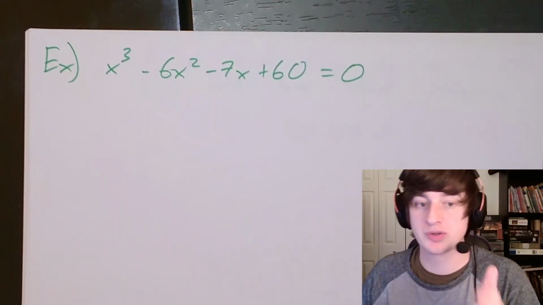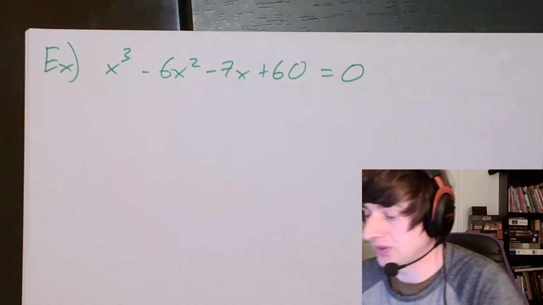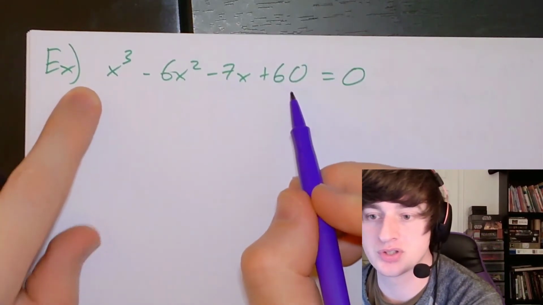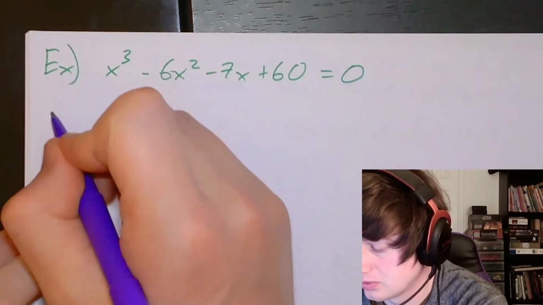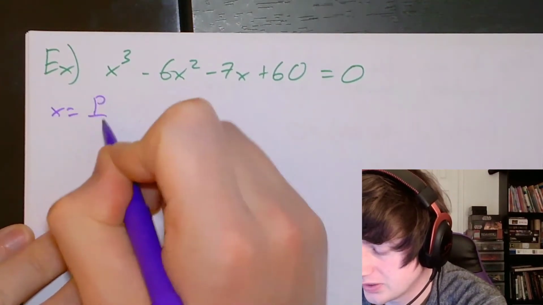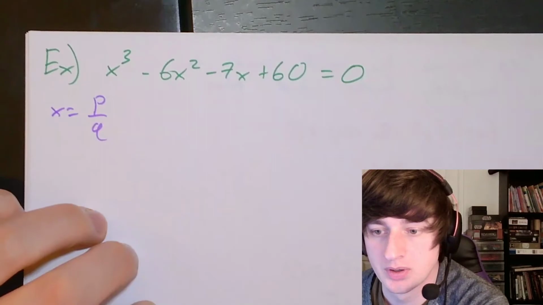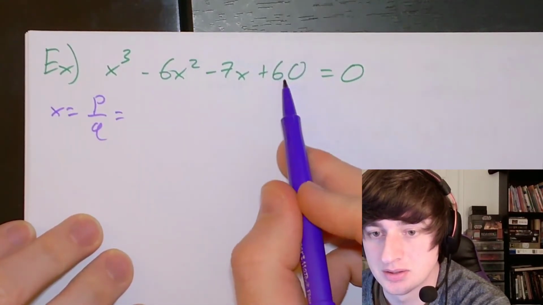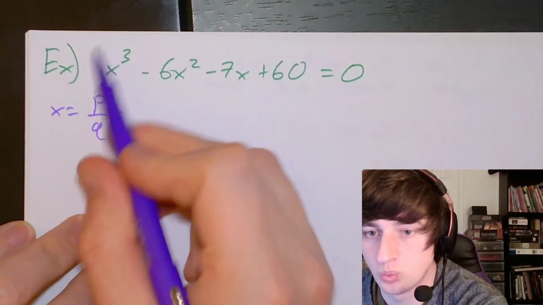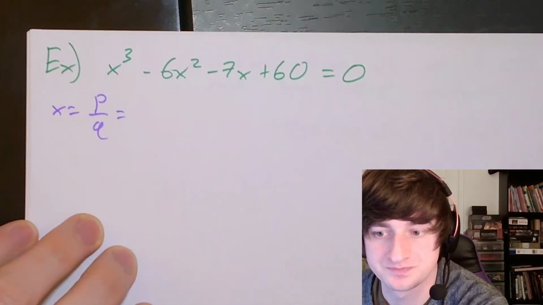Okay. So first thing, we look at the last constant and the first number here. And we just list out all the possible values of x that will give us 0. And so that's going to be the numbers that multiply to make 60 divided by the numbers that multiply to make the 1 that's in front of this x cubed.